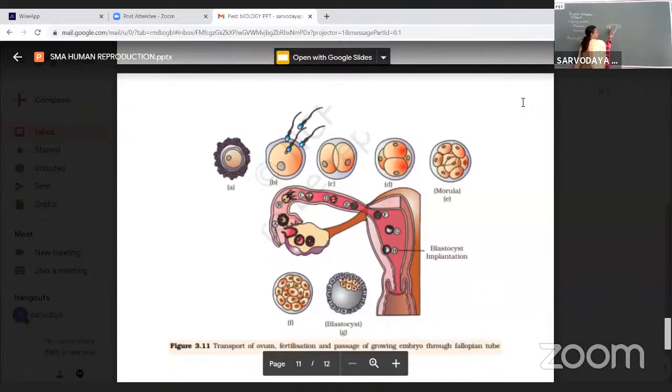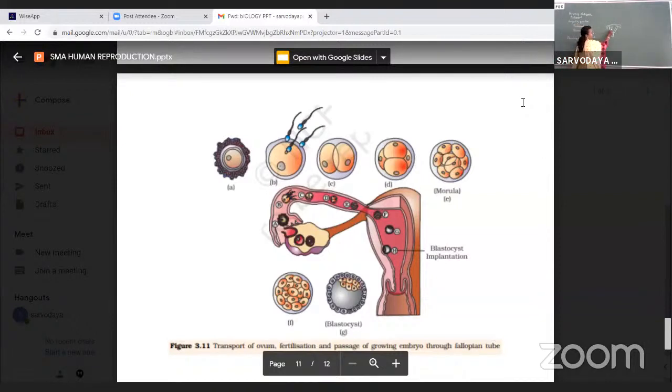So what is going to happen? The uterine tissue here gets disintegrated. When it gets disintegrated, you'll find a depression is formed. The blastocyst will come and lodge itself inside this depression.